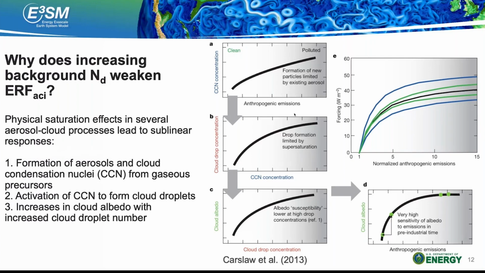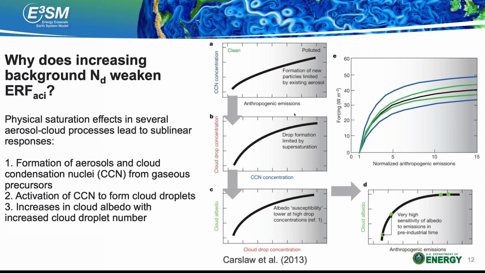The first of those is related to saturation in the formation of aerosols and therefore CCN from gaseous precursors. When vapor concentrations are very high, the addition of more vapors leads to increasingly smaller increases in CCN.